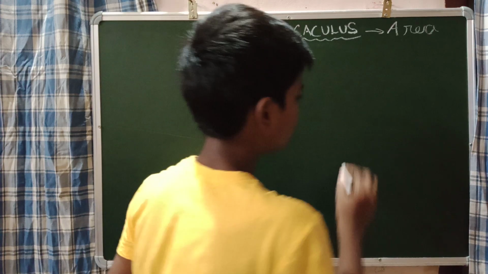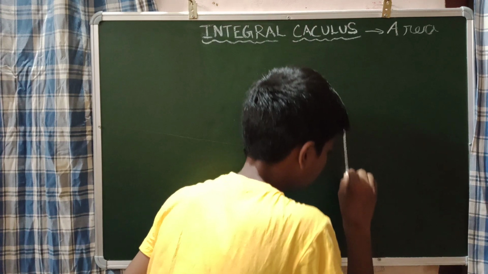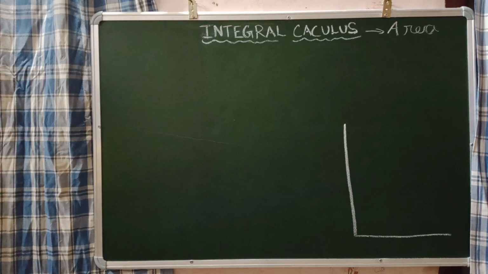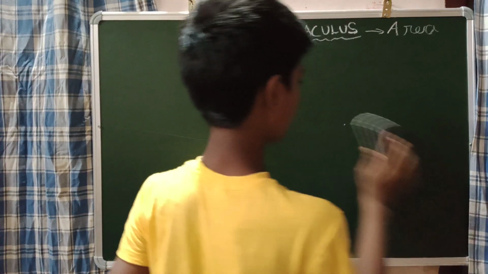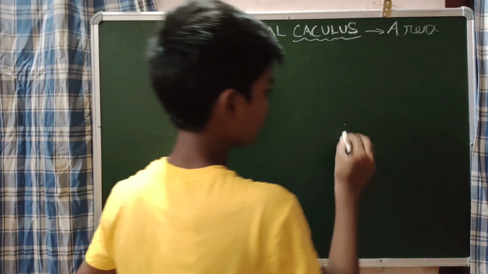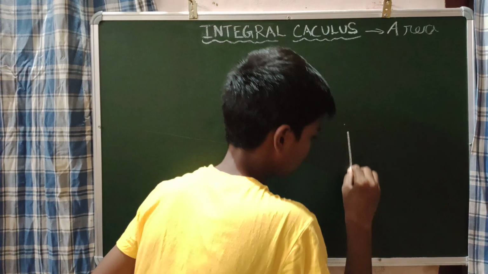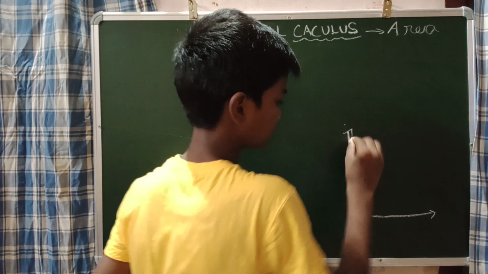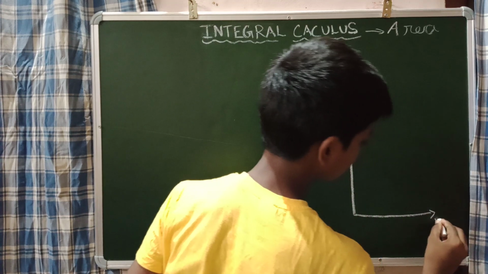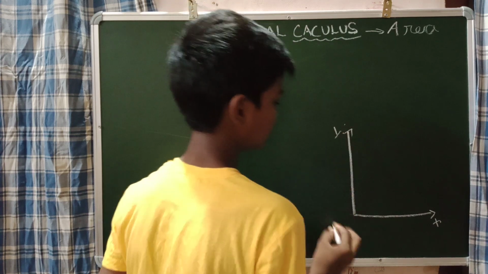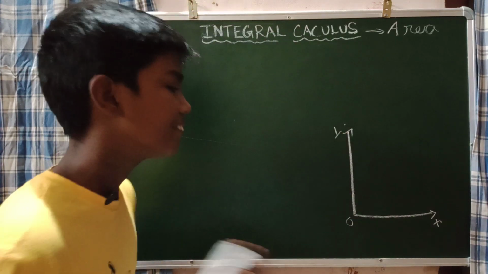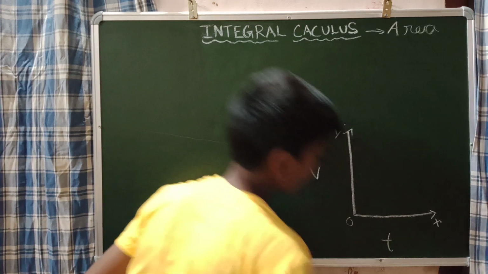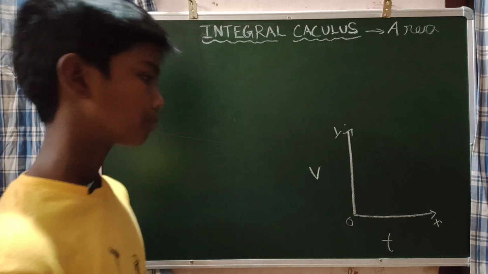There is a graph like this. This is the x-axis, this is the y-axis, this is the origin. Let me take it as a velocity time graph.